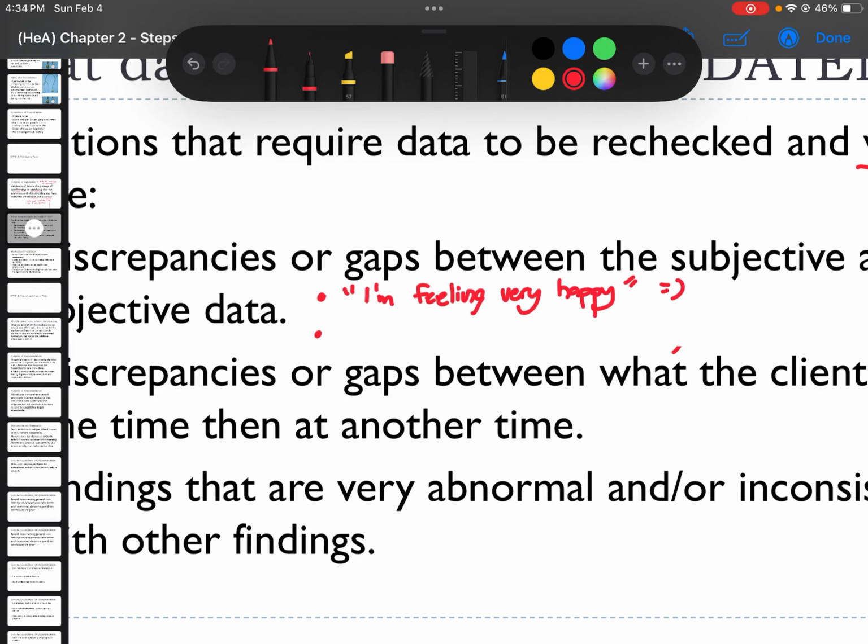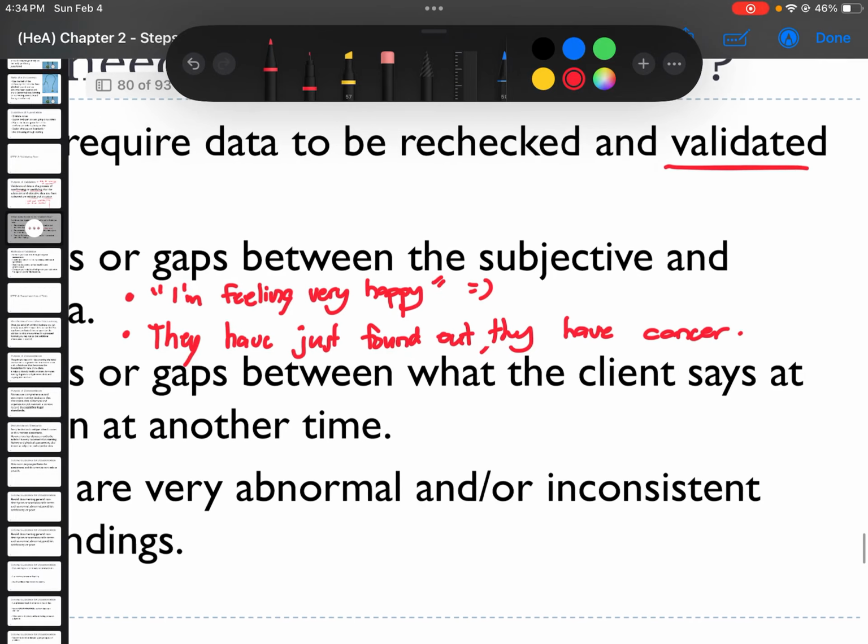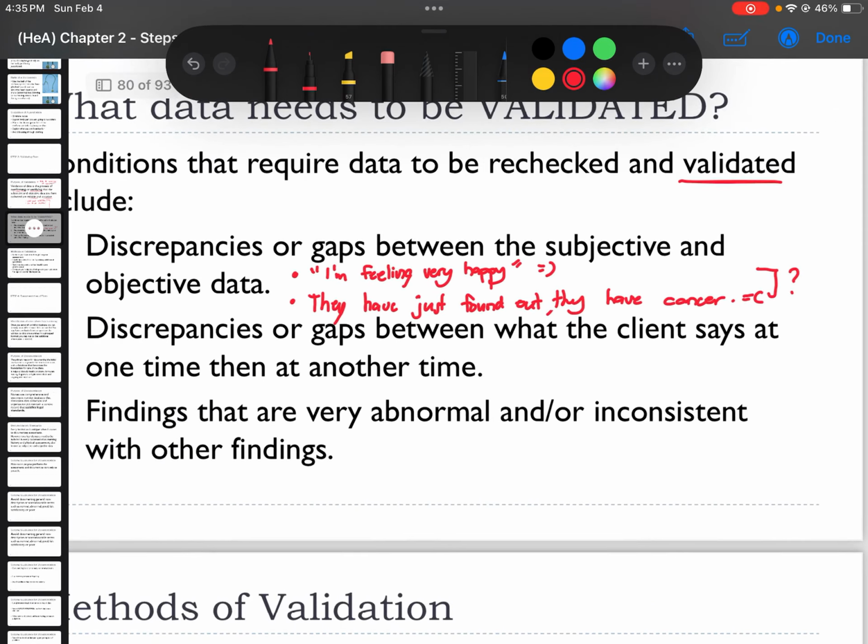But they have just found out they have cancer. Now, normally, if you find out that you have cancer, you would be very sad. Now, why is the patient happy? Those are two conflicting types of data, right? Why would a patient be happy if they just found out that they have cancer?